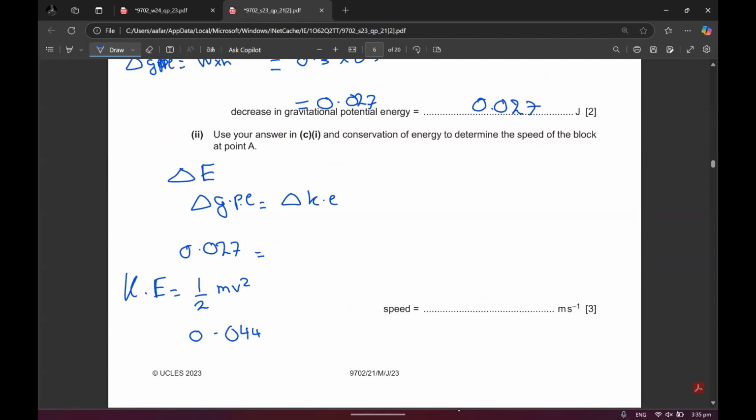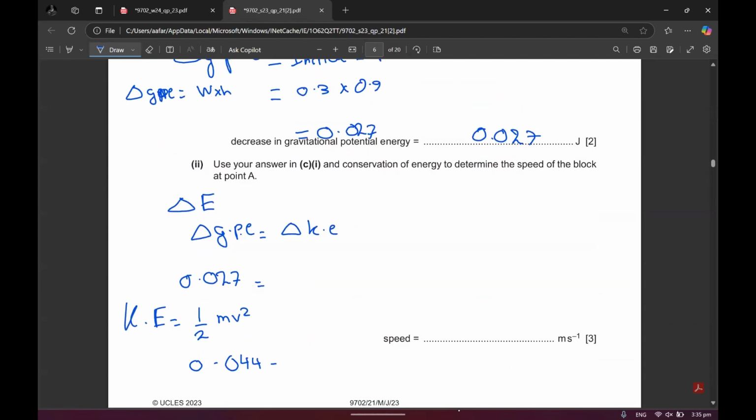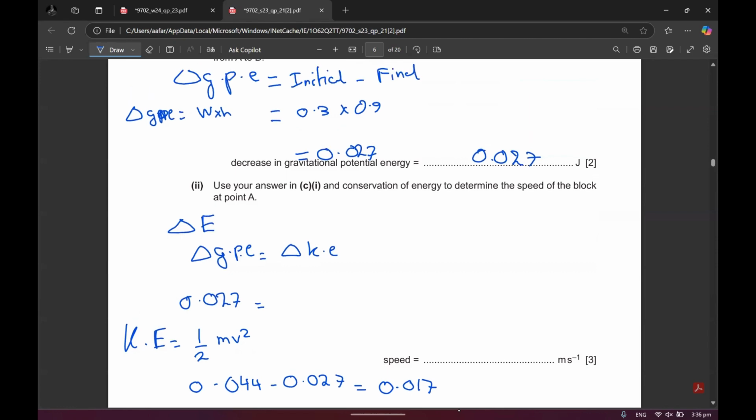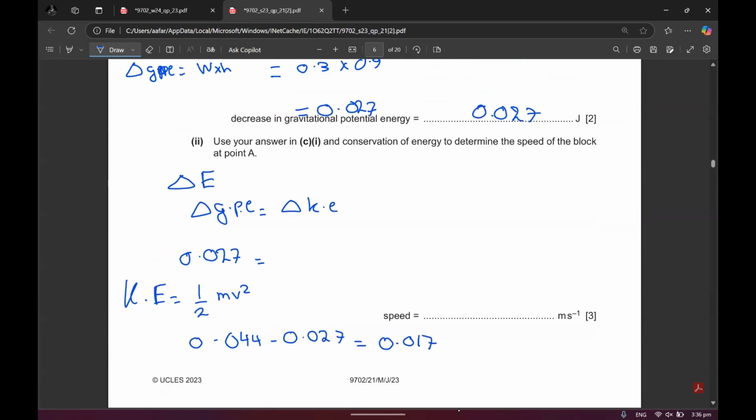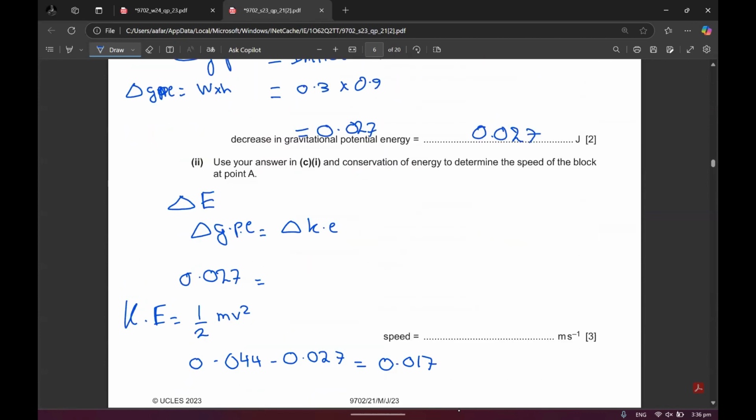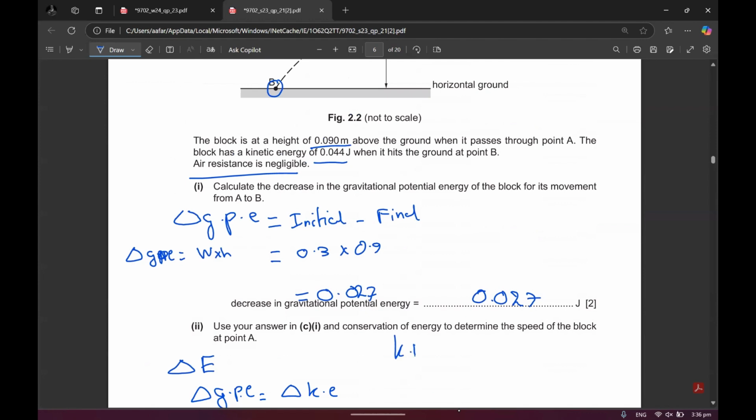0.044 minus 0.027, which is 0.017. So at A, the kinetic energy is 0.017.